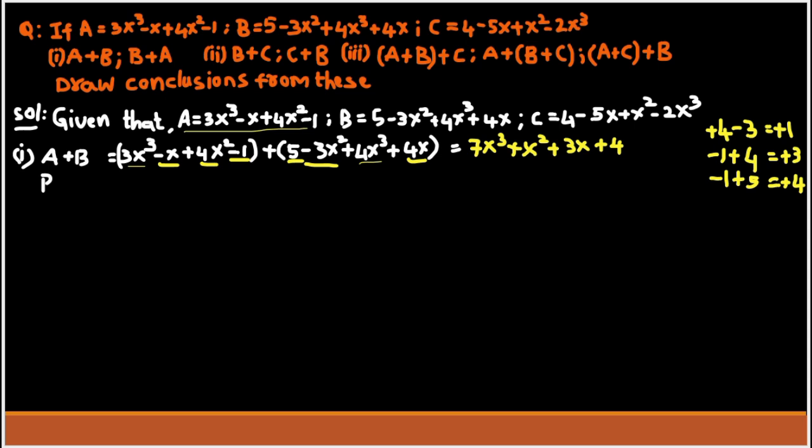Similarly, let's find b plus a. Here the b polynomial is written in the first place, and then the a polynomial is added to the b polynomial. Here, let's add these two polynomials.